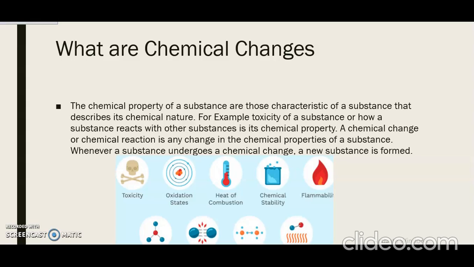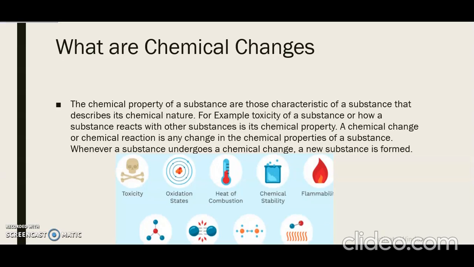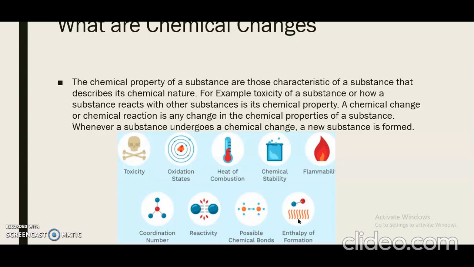So let me tell you that when some substances react, or there's heat of combustion, or there are possible chemical bonds, you find substances undergoing a chemical change and new substances being formed.